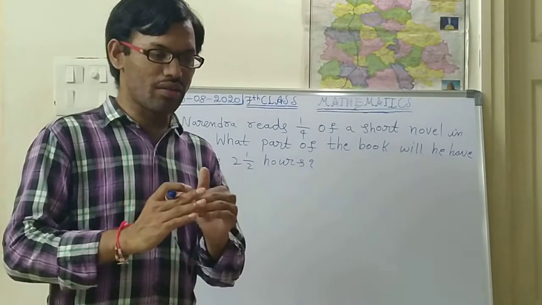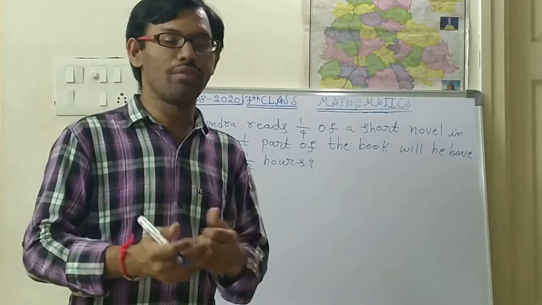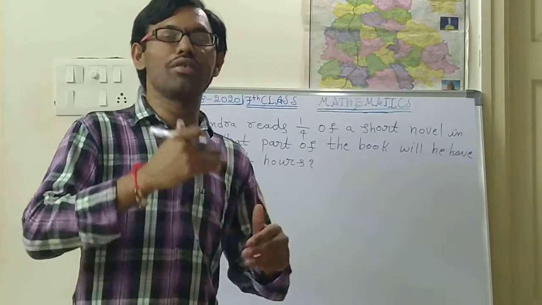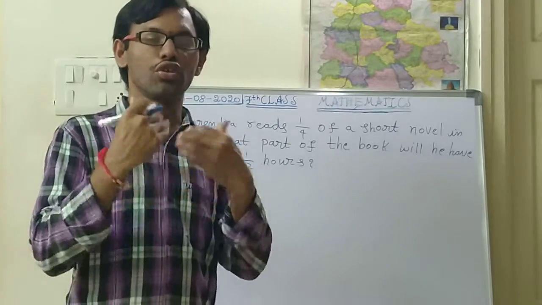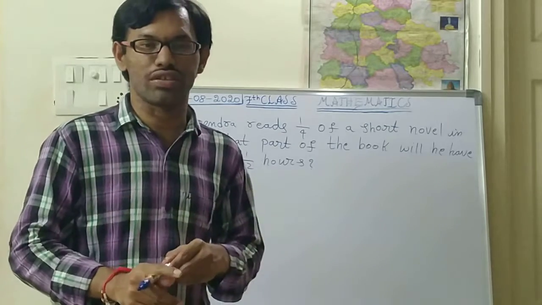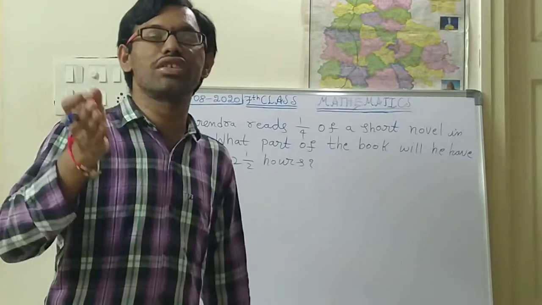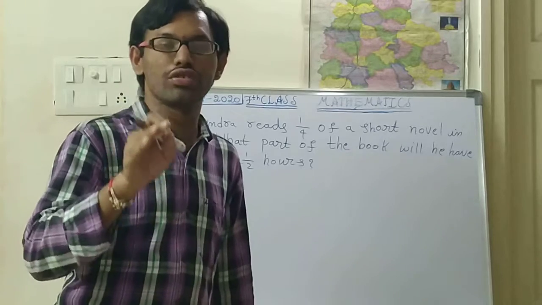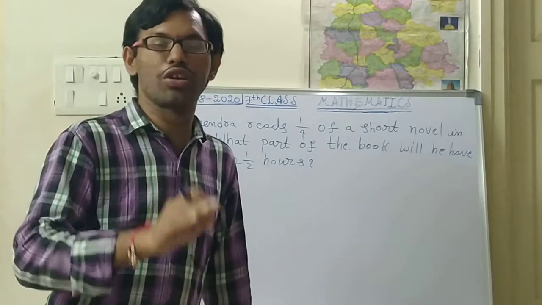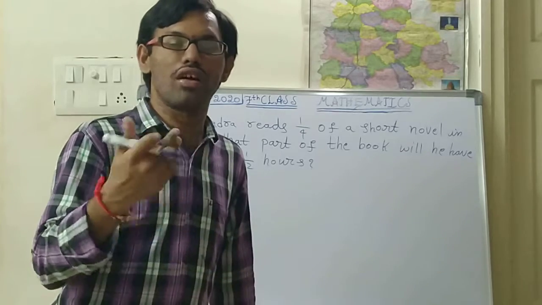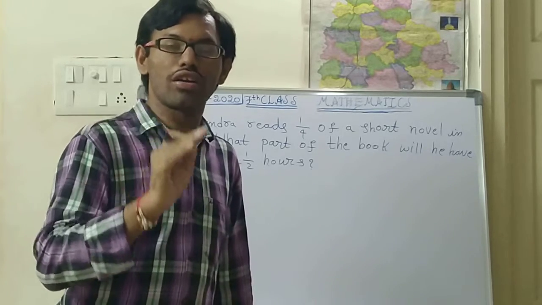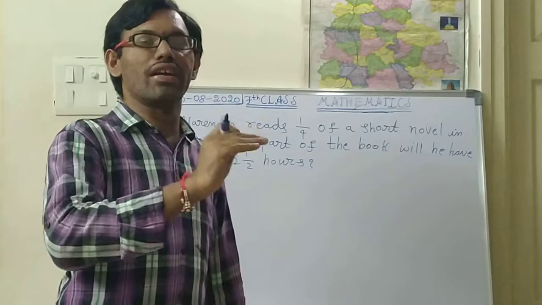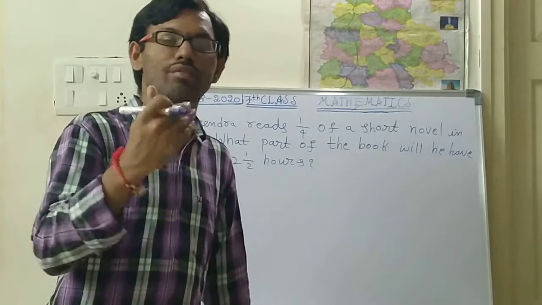These examples are daily life word problems, so they will help you in daily life situations. Whatever concept we are discussing, how that concept is linked to our daily life, that will be used.